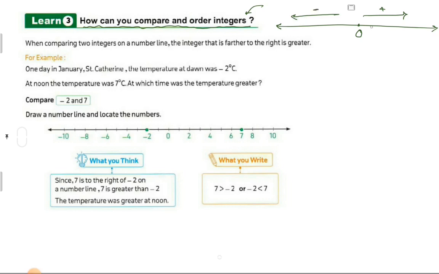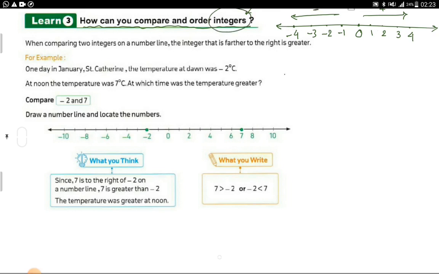Positive integers: 1, 2, 3, 4 and so on. Negative integers: negative 1, negative 2, negative 3, negative 4 and so on. All these numbers are called integers.